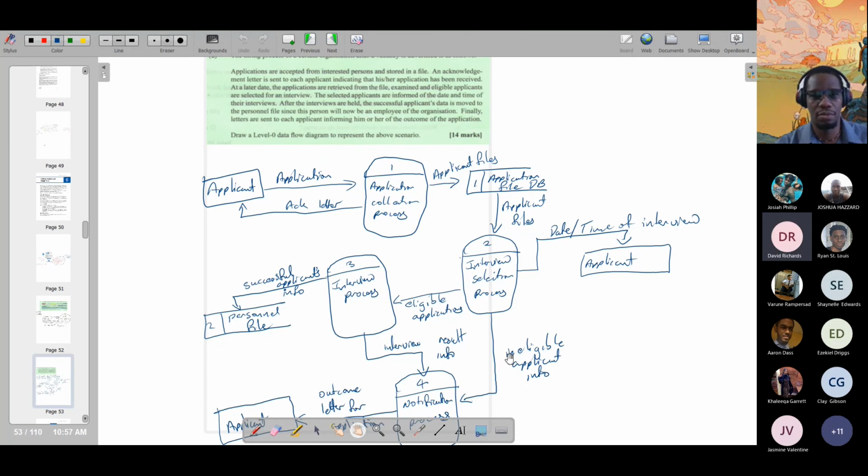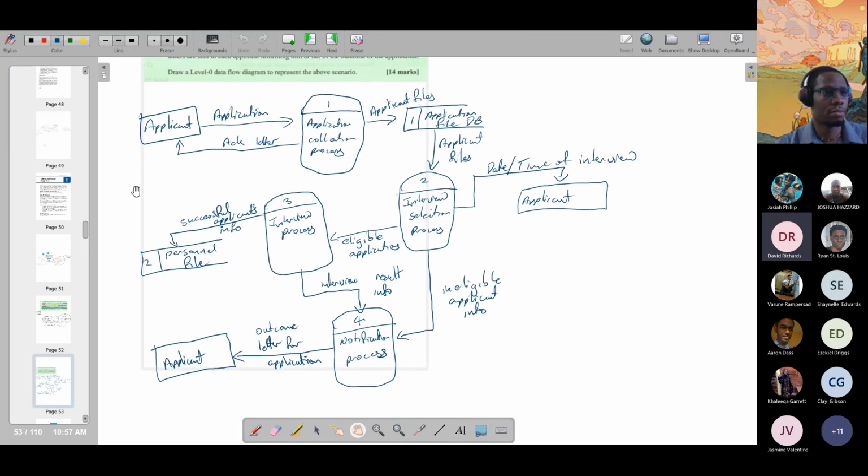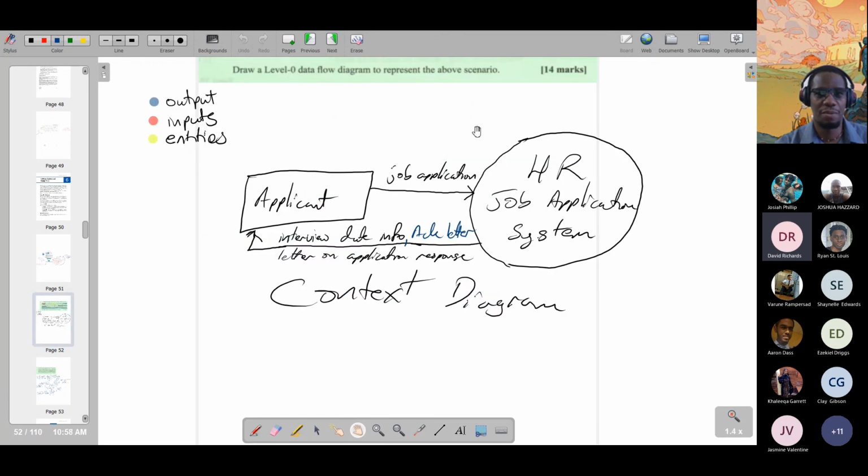I know you said that that is the way that you learned it with the circle, right? But in exams, if we do it with the process box, they would not mark you down. But I'm just more comfortable with this way.